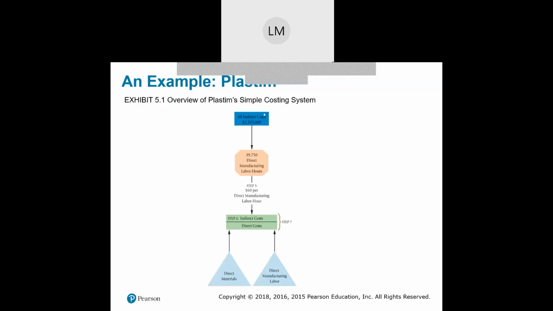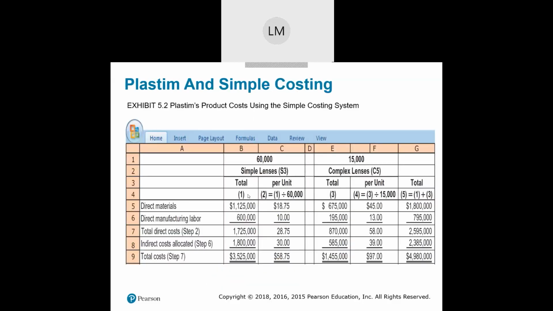And then for Plastum's overhead costs, let's say they use direct manufacturing labor hours at $60 per direct manufacturing labor hour. So let's take a look here at how a simple costing system, using one cost pool, will allocate this. Well, we've determined that for the simple lenses here, the direct material is going to be $18.75 a unit and $10 from direct manufacturing labor.